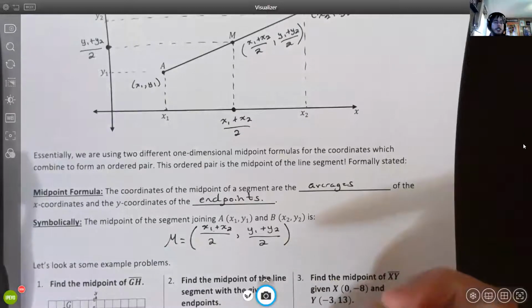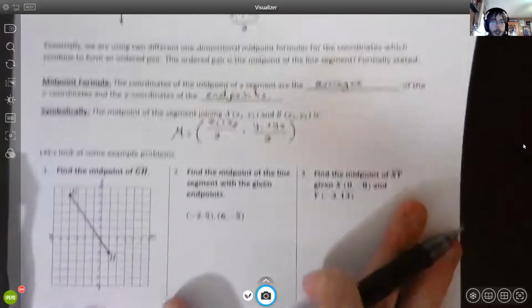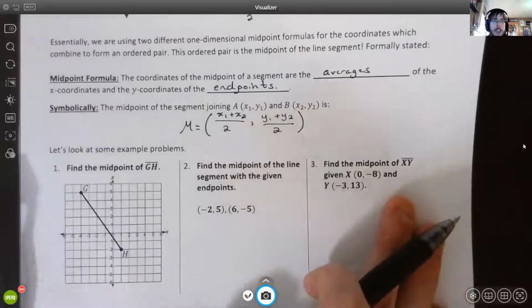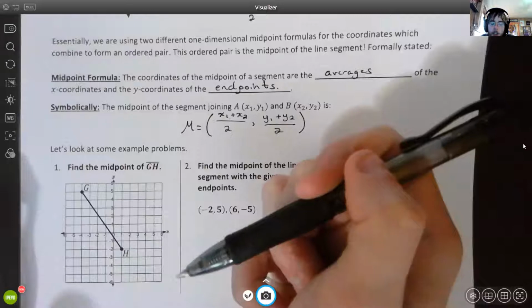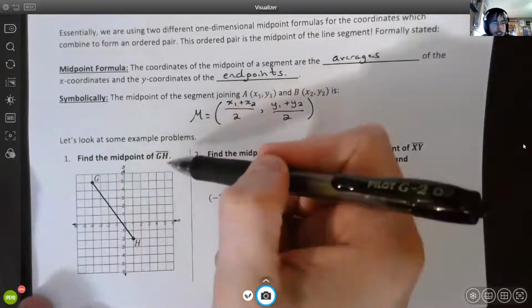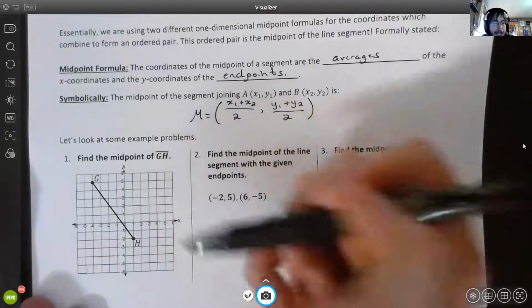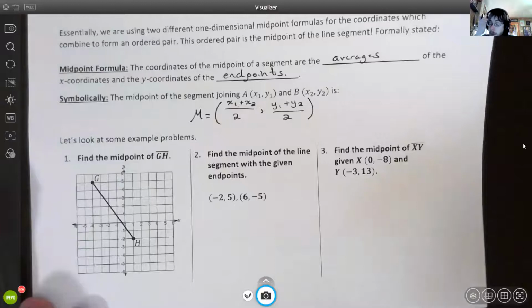So let's look at some example problems here. Number 1, it says to find the midpoint of GH. Now GH is a line segment on this graph. So we need to determine the coordinates of G and H before we do our midpoint formula.